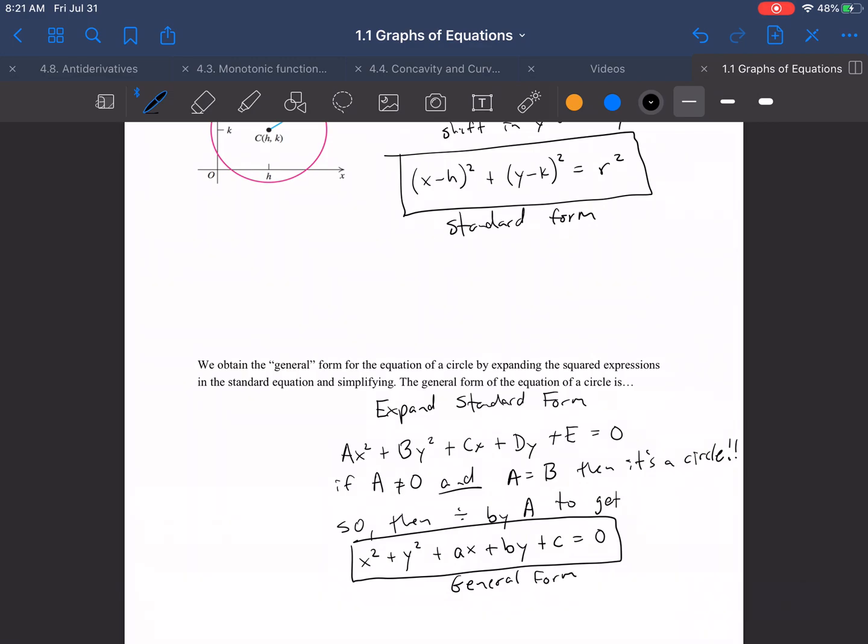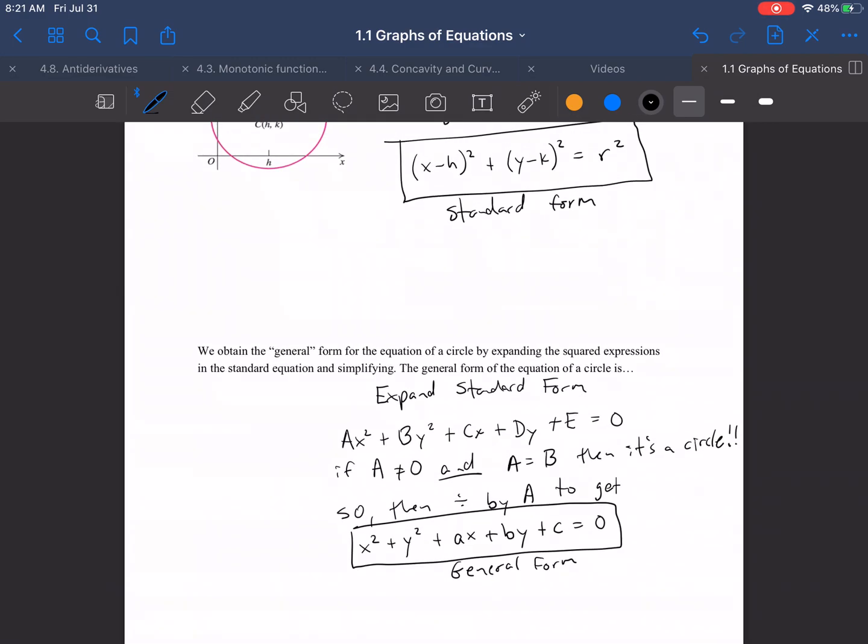If you want to go back to the standard form, note, complete the square. You can do completing the square on this in both x and y.